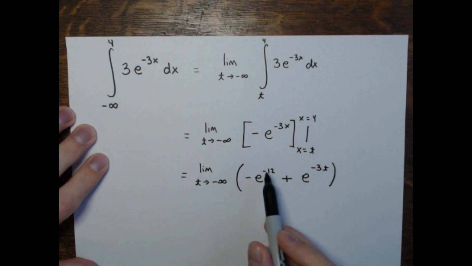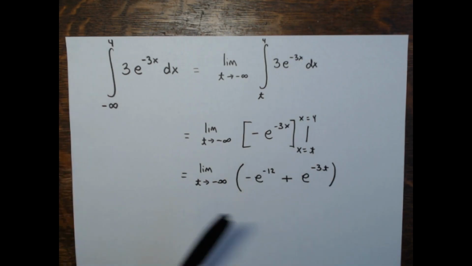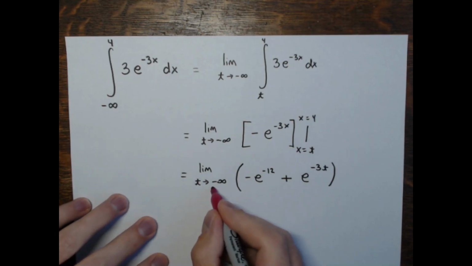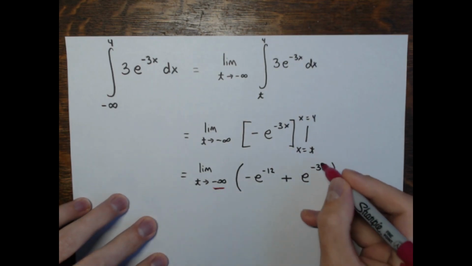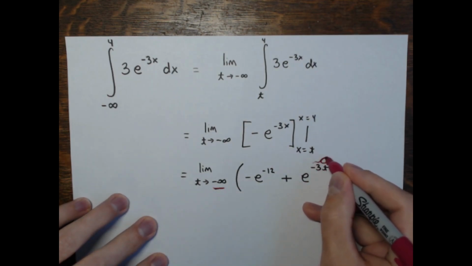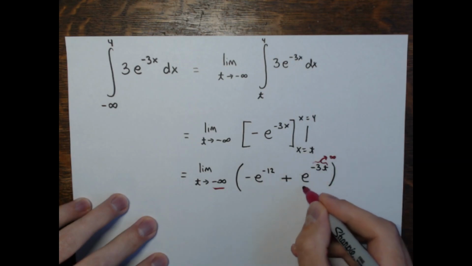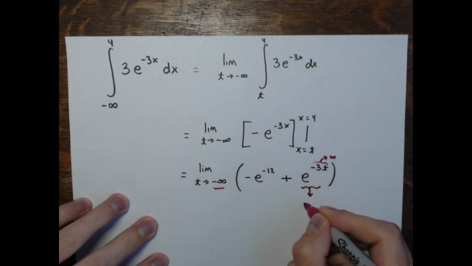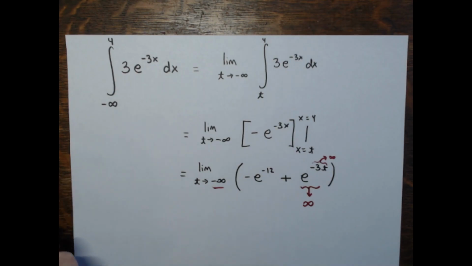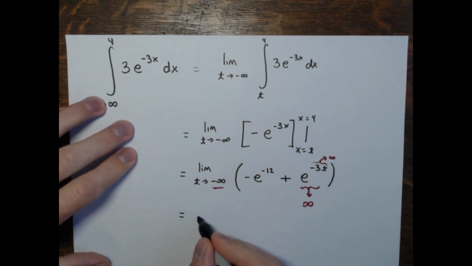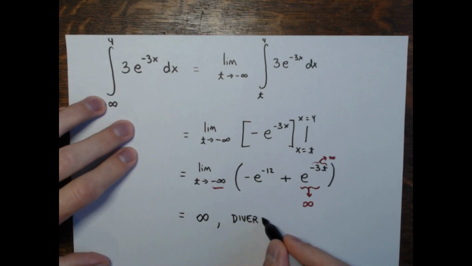Negative e to the negative 12th, that's going to stay the way it is. But if t is approaching negative infinity, this expression then is approaching infinity, and e to the infinity would be infinity. It is blowing up. This is getting huge. So this particular integral has an infinite limit, meaning that the integral is divergent, right? Not approaching some finite value.